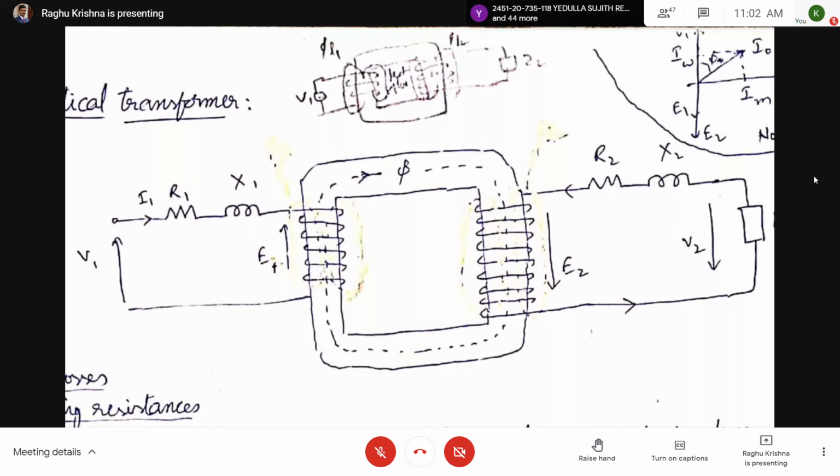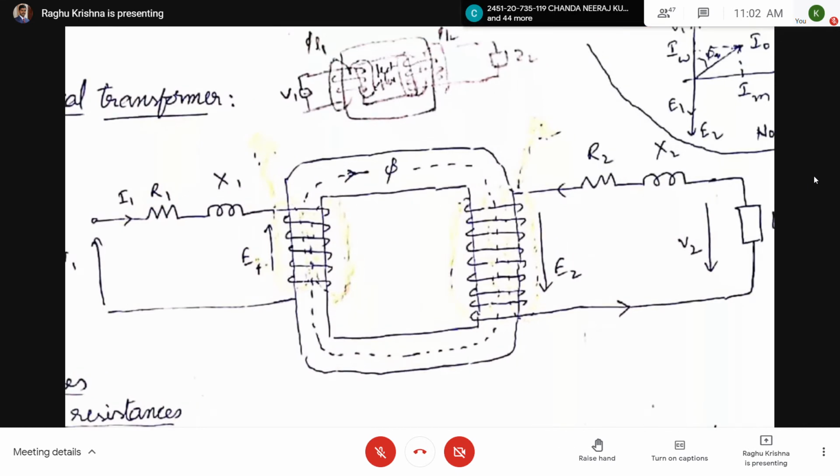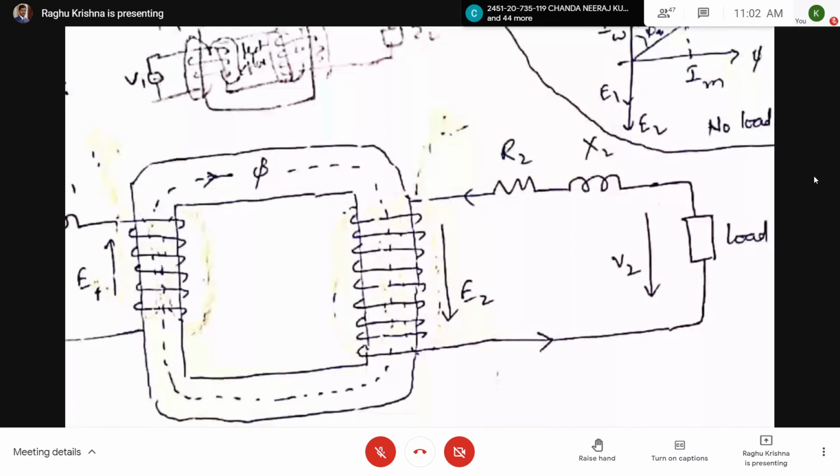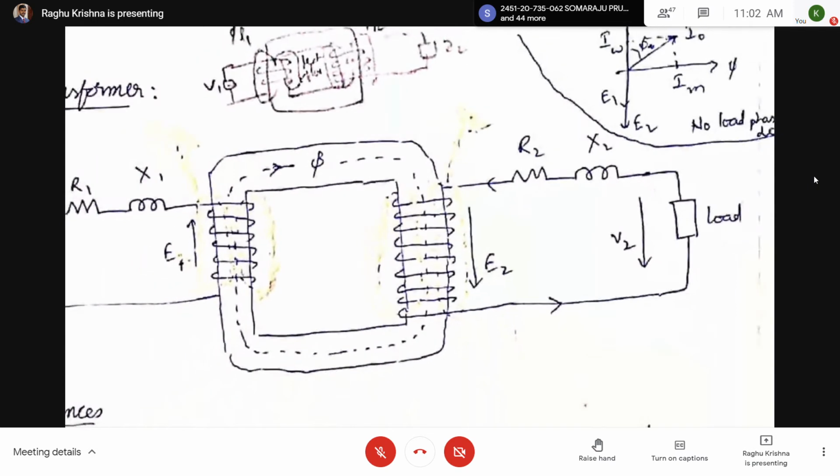So leakage flux in the primary is considered by the leakage reactance X1, and leakage flux in the secondary coil is considered by leakage reactance X2. So we have considered the leakage reactance.